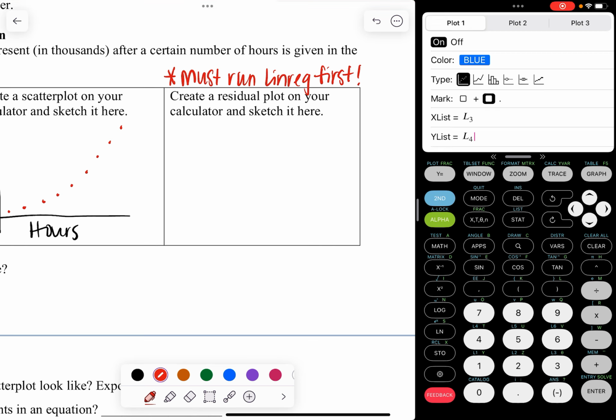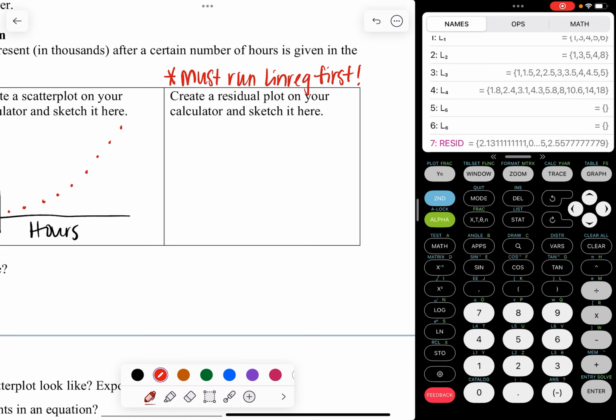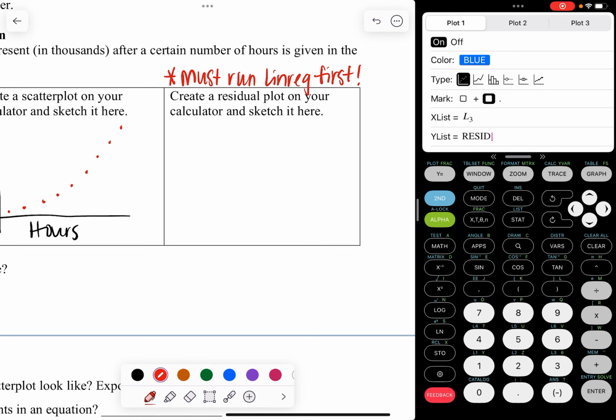So back to second y equals, and instead of having my y list be L4, in your case L2, we're going to change this to be the residual list. The way we do that is we go to second, stat, and if you look all the way down at number 7, you should see something that says resid. Sometimes it's 8, sometimes it's 9. It depends on how many lists you have going. So I'm going to hit resid, and that's what we want to be set up.